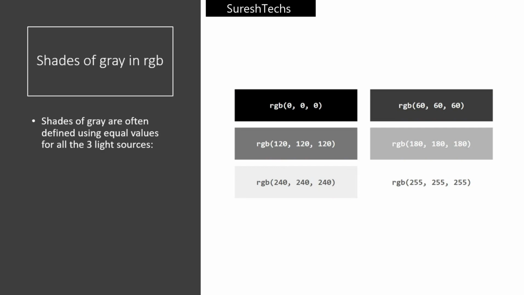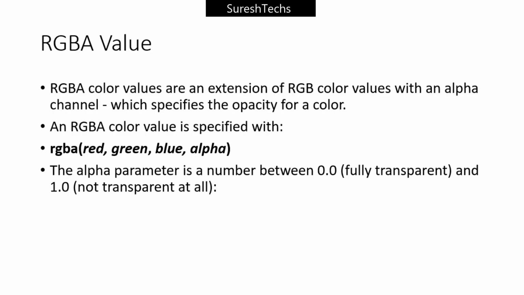Now there is another channel added to RGB, an extension for RGB, which is called RGBA. A stands for alpha channel here. Alpha ranges from 0 to 1, which is 0.0 to 1.0. 0.0 is fully transparent, and 1.0 doesn't have any transparency.